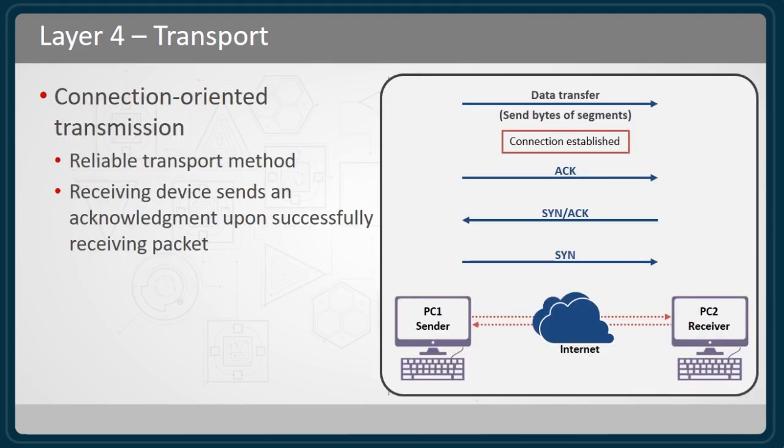Now, again, this is where the two transport protocols of TCP and UDP reside. Again, recall that TCP is connection-oriented, UDP is not. So depending on the protocol, you will see one of two things happen. If you are using TCP, then it is a connection-oriented transmission, and this provides reliable transport of data. The receiving device sends an acknowledgement upon successfully receiving the packet.